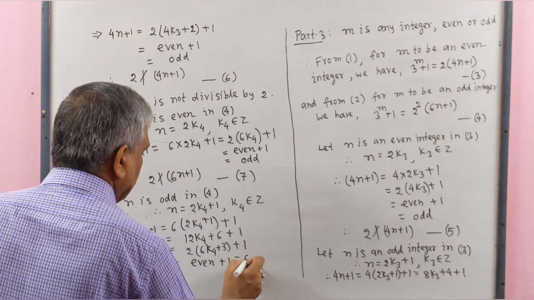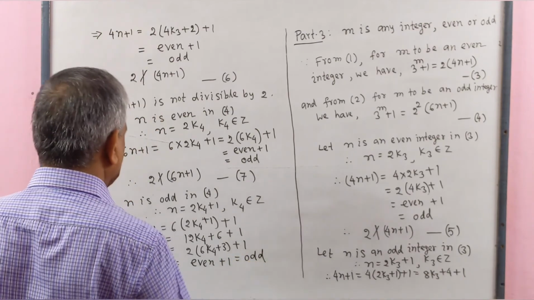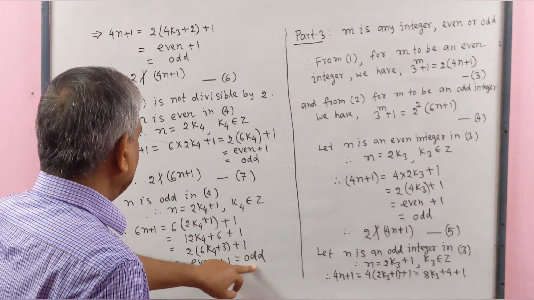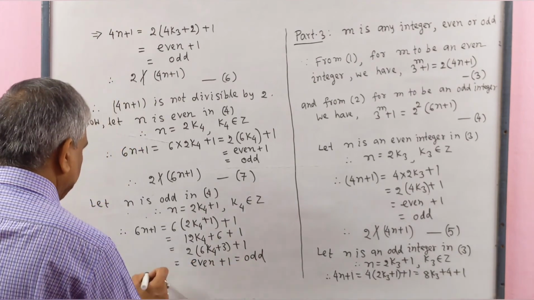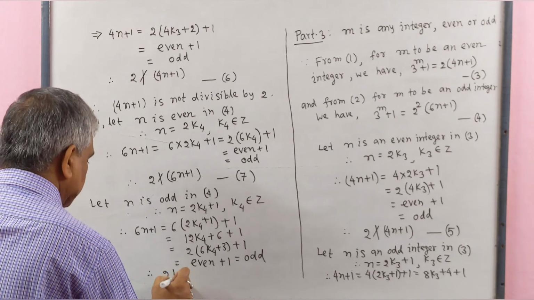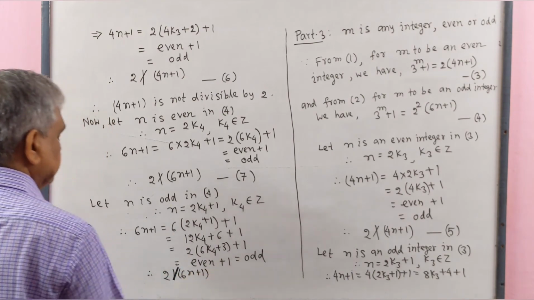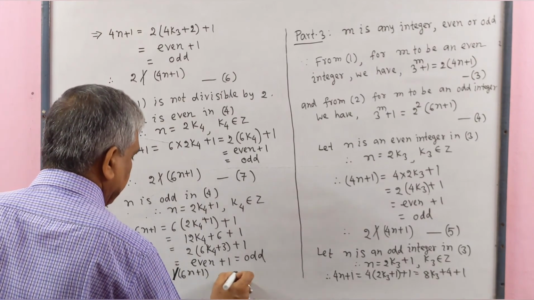This is an odd integer. An odd integer is not divisible by 2. Therefore, 2 does not divide 6n plus 1. This is number 8.